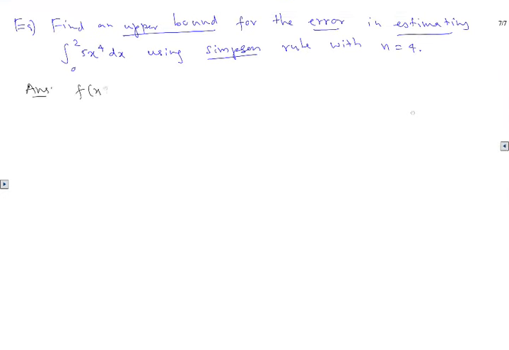So here we have f(x) equal 5x to the 4th power, and then f prime of x is, so what do we need for the Simpson rule? We need the 4th derivative.